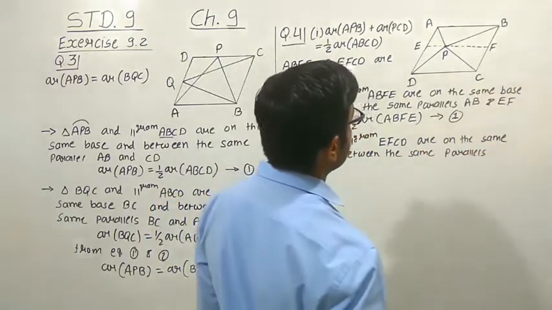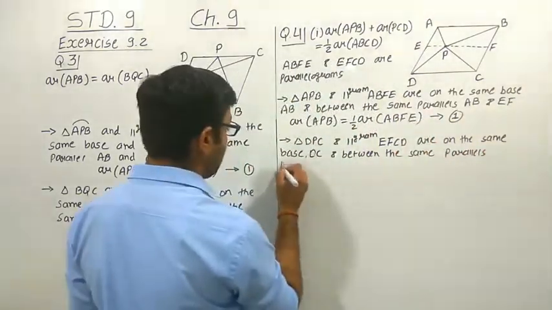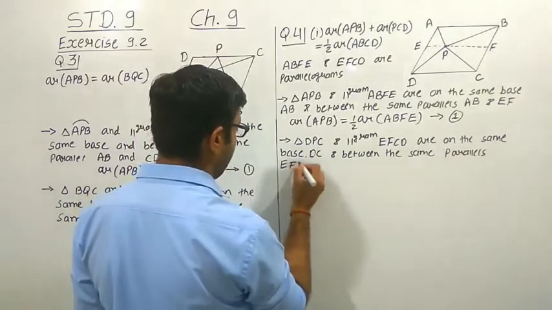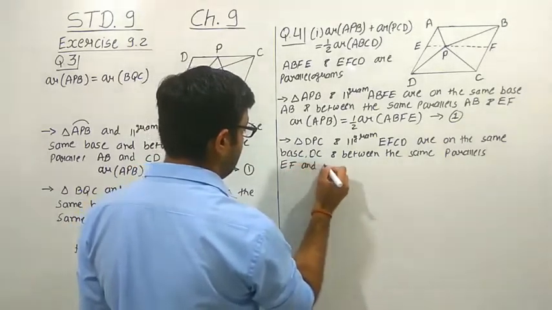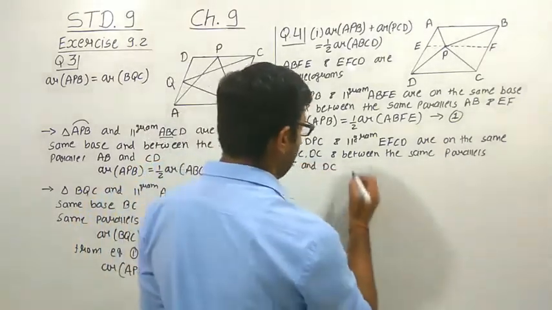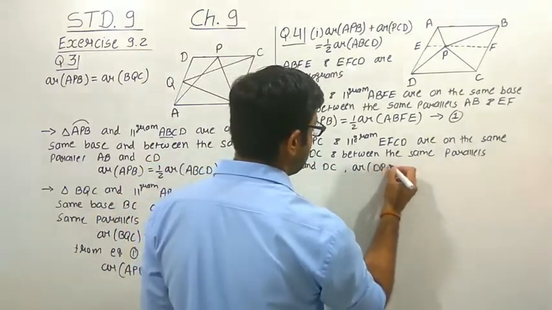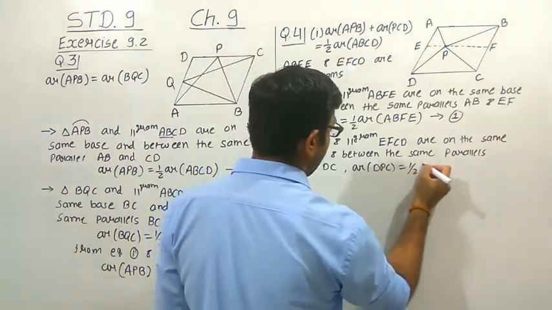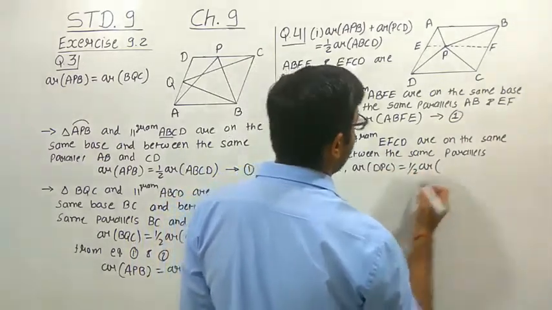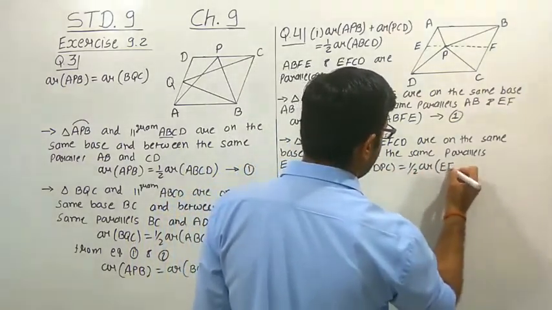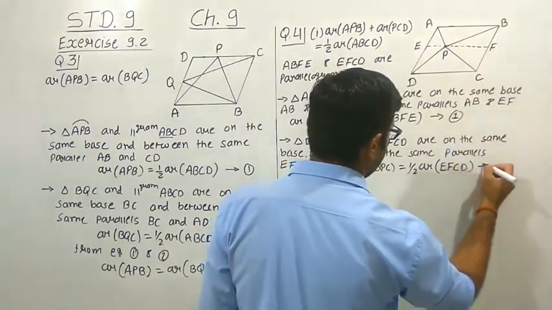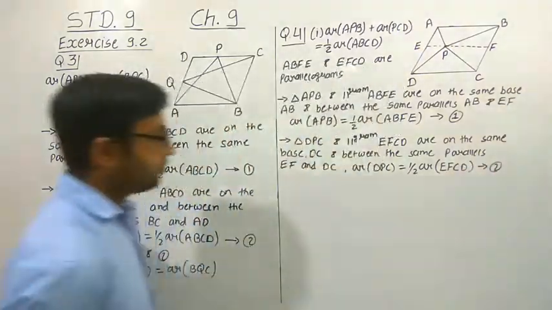Which two parallels can we consider here? EF and DC. So now again we can write down that area of DPC is equal to 1/2 area of EFCD. Give it the equation number 2.